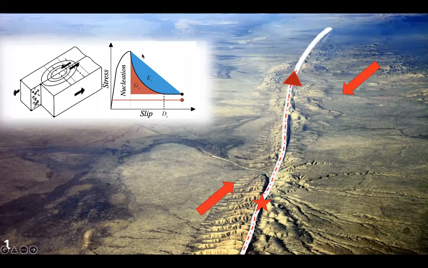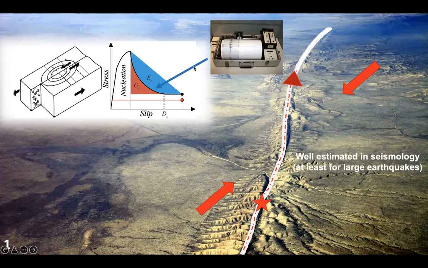And this allows the release of the energy stored during the interseismic period. The important thing is that there are two main energies. The first one, the blue area, is the radiated energy, which corresponds to the energy released into waves in the medium that are at the origin of the ground motion.